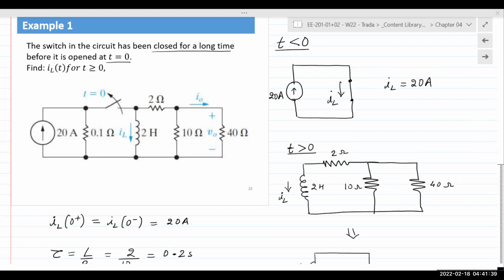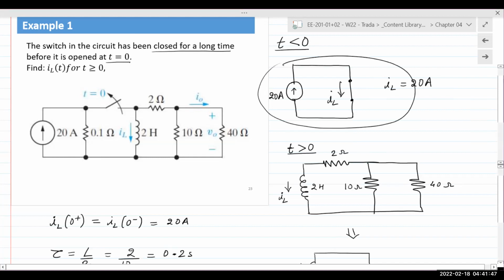So the first step, as I was saying, draw the circuit for time t less than 0. And the key words here are a very long time. A long time means sufficient time has elapsed for the circuit to reach a steady state.